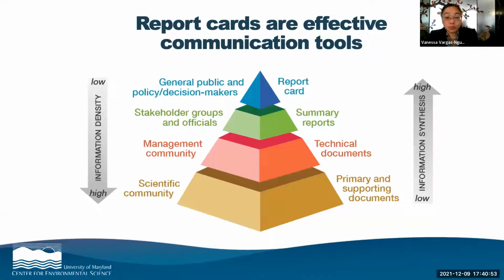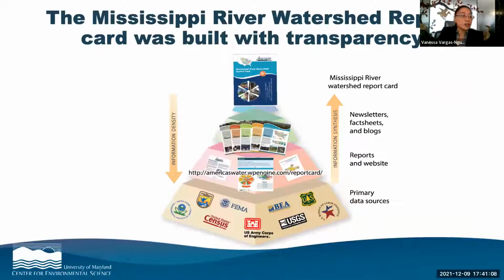Another example are report cards. And I already gave an overview of report cards in the beginning. And as I mentioned previously, they are effective communication tools because they can provide accessible and synthesized information to wider audiences. Following this information pyramid, and using the Mississippi River Watershed Report Card that we helped develop as an example, you can see that this report card is supported by primary data.